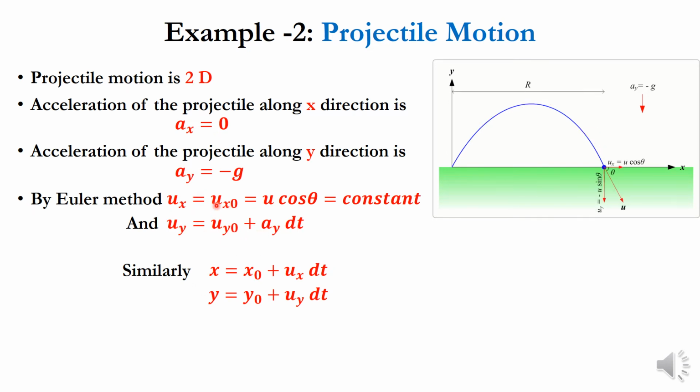So again integrating using Euler method, we get the solutions x and y like this: x is equal to x0 plus ux into dt, and y is equal to y0 plus uy into dt.